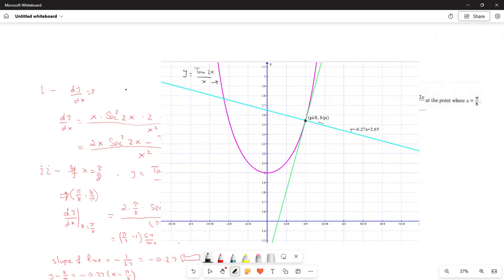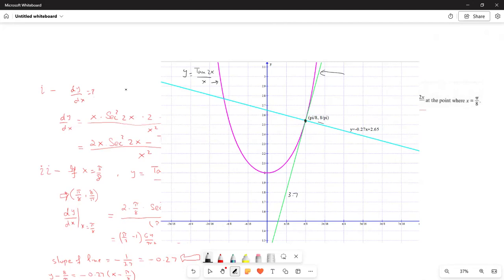Okay, so first we find that the tangent line at this curve at this point is this one. This green line is the tangent to the curve at this particular point, and its slope, we found the slope as 3.7. Okay, so the slope of this line is 3.7.